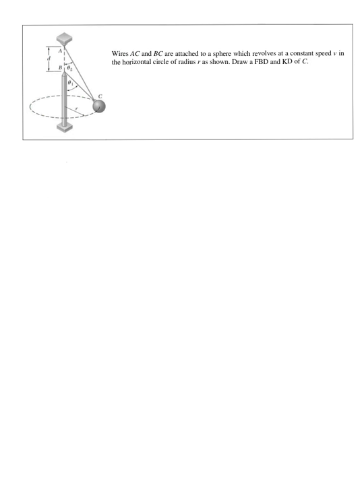Now we've got another one here with a sphere that is revolving at a constant speed v. So again, velocity is a constant, so we know that v dot is equal to 0. And again, that's independent of any coordinate system we may choose to use. It doesn't tell us which direction it's revolving.